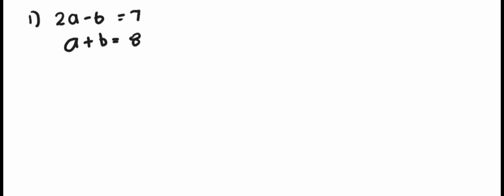This is the first question. 2a minus b equals 7 is our first equation, and a plus b equals 8 is our second equation.